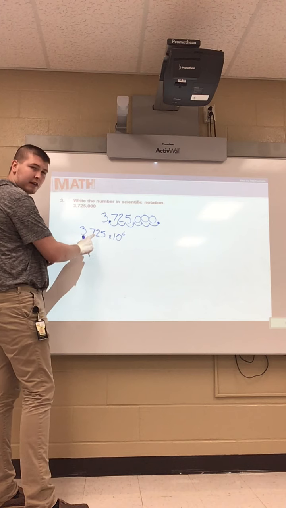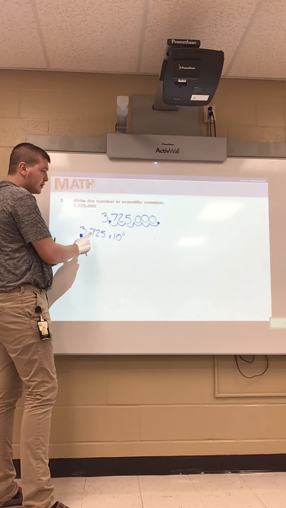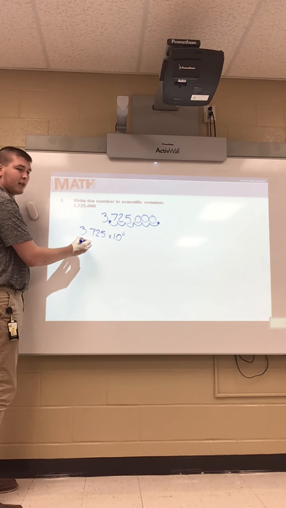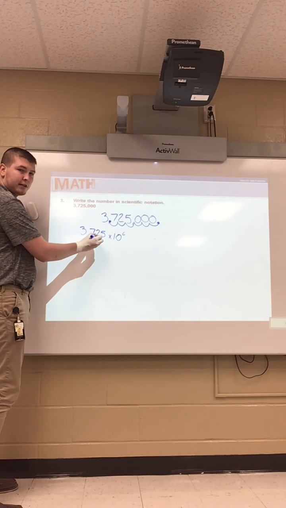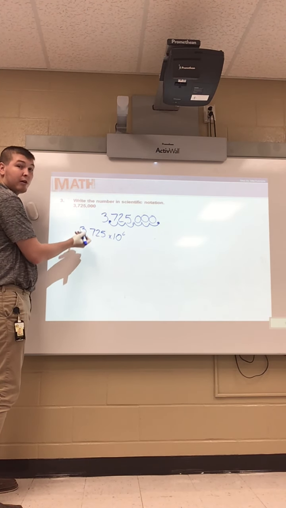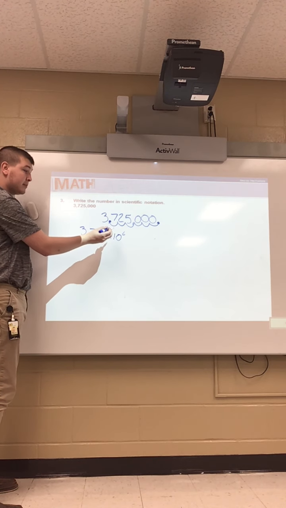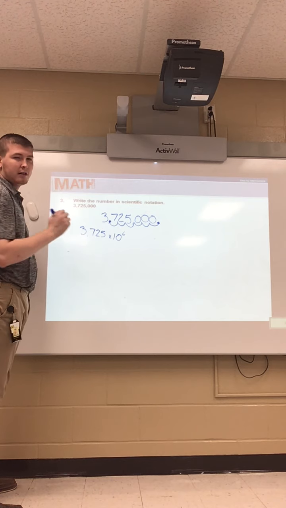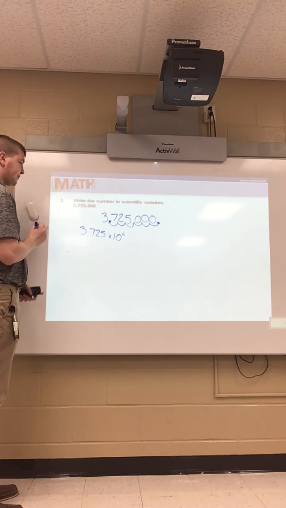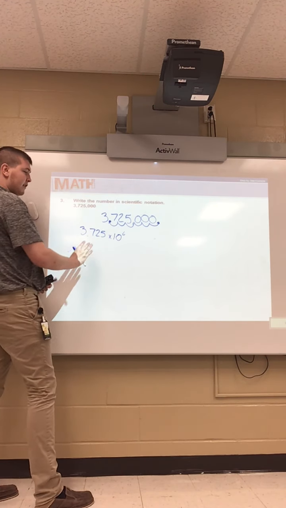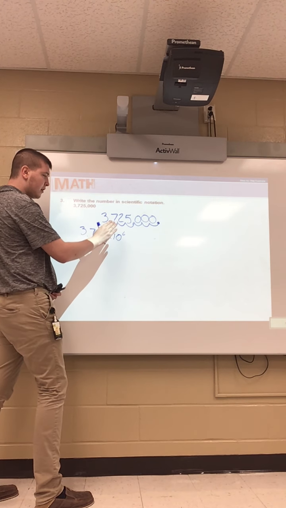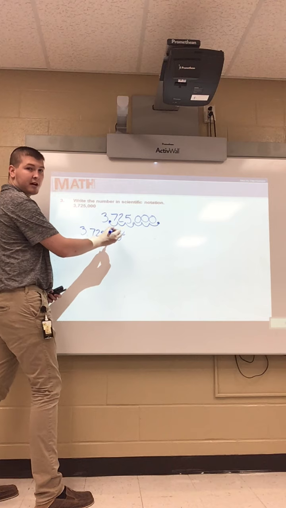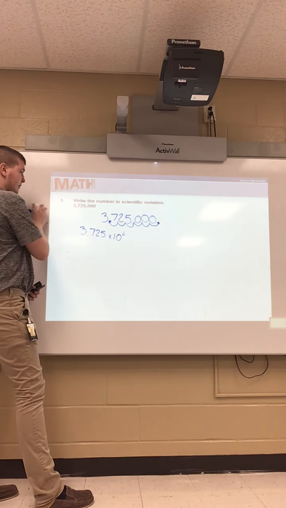If you were given this number and you know you have to get that, would you move this number to the left or to the right? The right. So it has to be a positive 6 if you're going to move it to the right. That's where it can get tricky. So just think, if I'm going from here to here, I would move it to the right, so it has to be a positive 6.